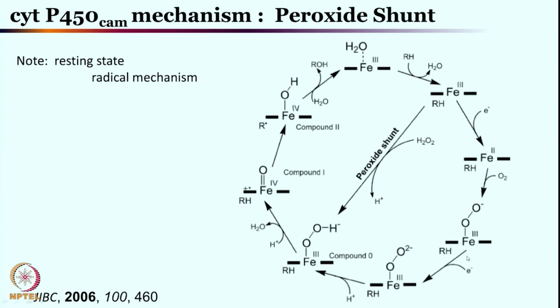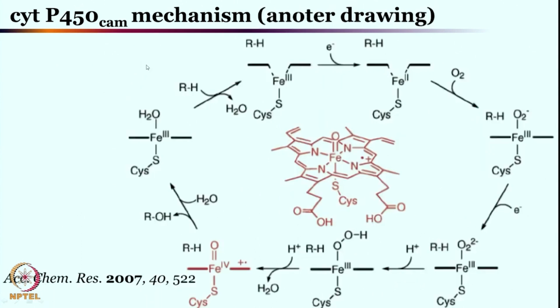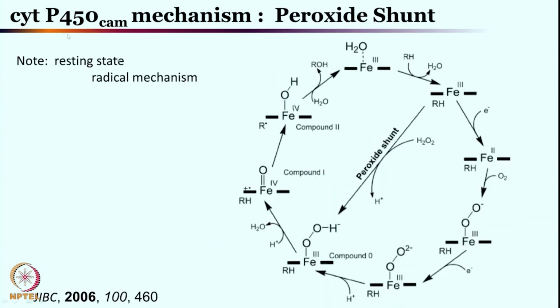Remember, none of these species formations are happening in the case of hemoglobin and myoglobin, but in the case of cytochrome C oxidase, just like cytochrome P450, there may be some similarity in these steps. We have perhaps similar intermediates in cytochrome C oxidase also, but none of these intermediates are fully characterized in those cases.